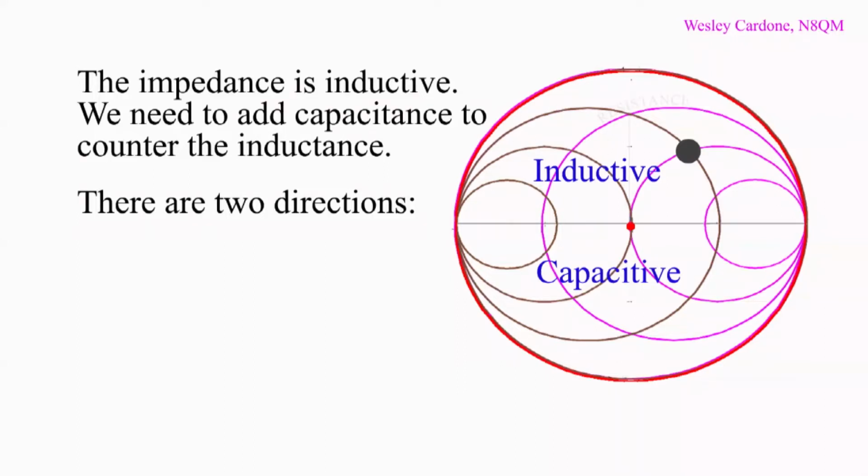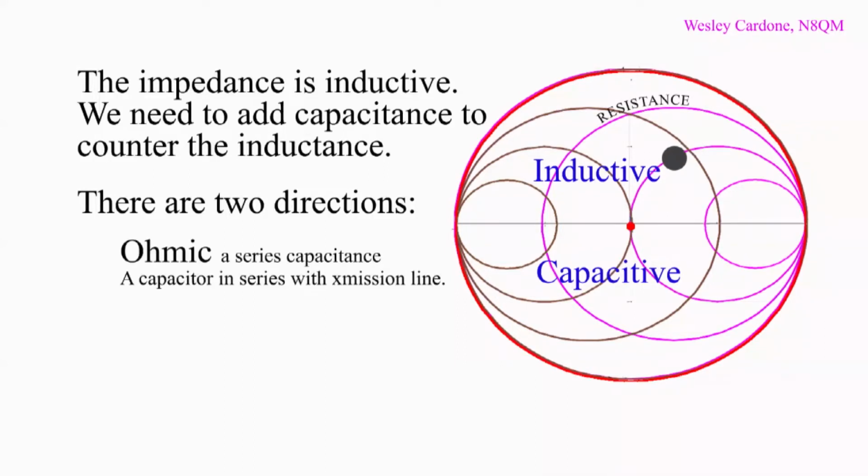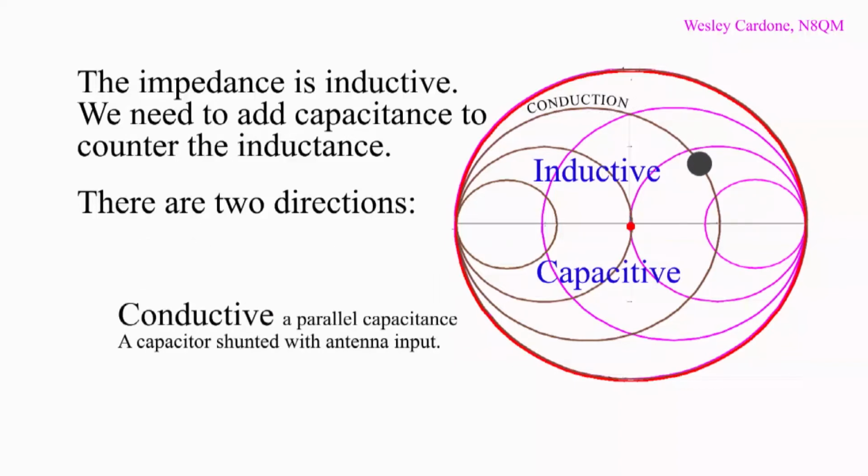There are 2 avenues available to move south. One is resistive, which will take it to home plate. The other avenue is conductive. While it does move the vector impedance in the capacitive direction, that avenue is not of any help in this case because it does not move it any closer to home plate.